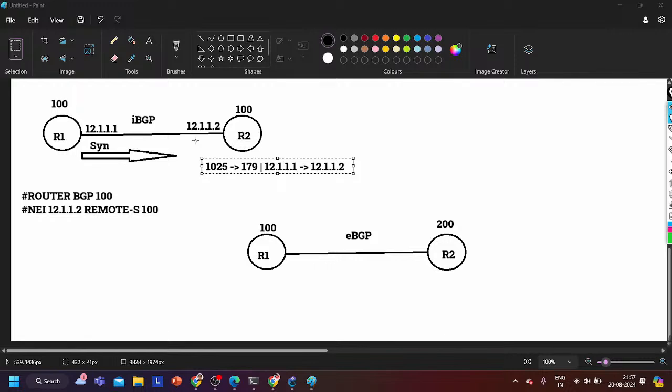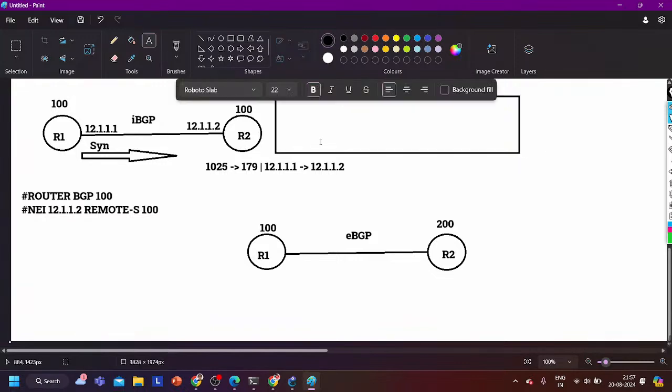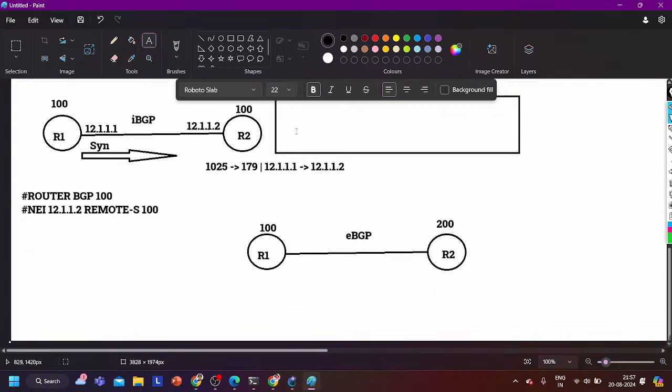Router 2 is going to make one entry in its TCP table. Guys, for a TCP connection, routers maintain a TCP table, the transmission control block. So in the TCP table, it is going to maintain one entry. Source IP address is 12.1.1.1, destination IP address is 12.1.1.2.